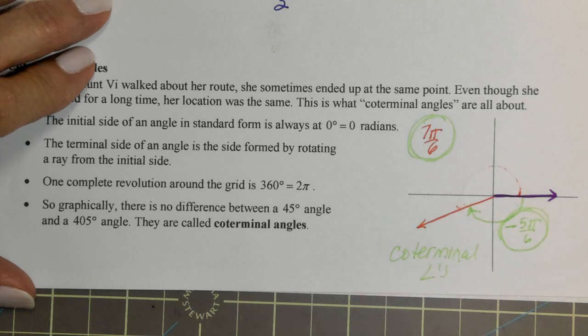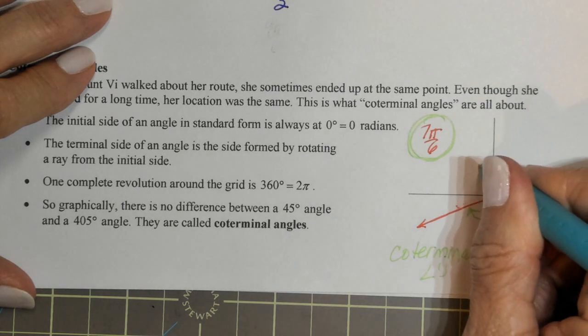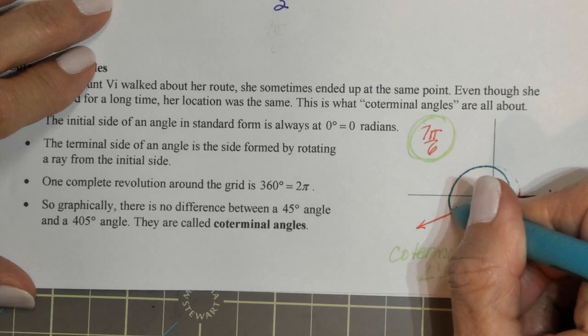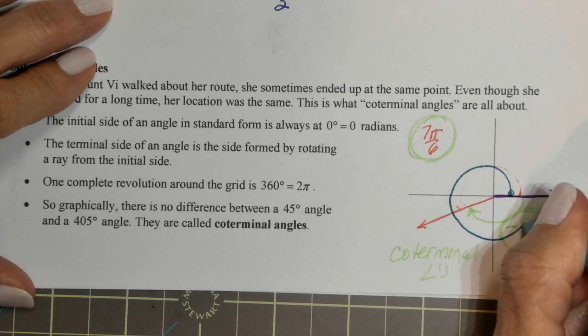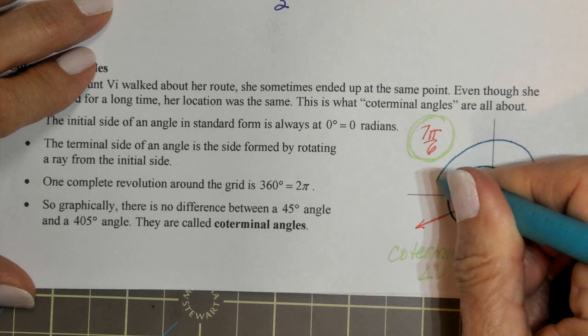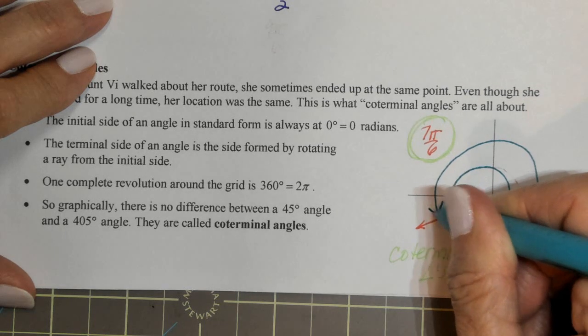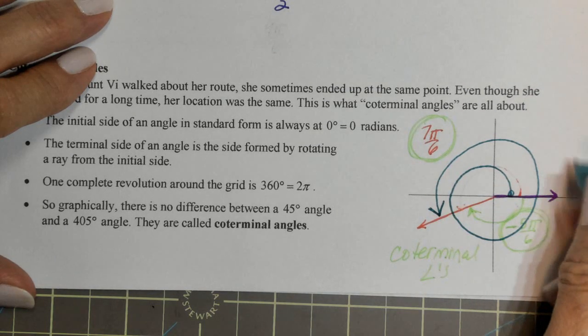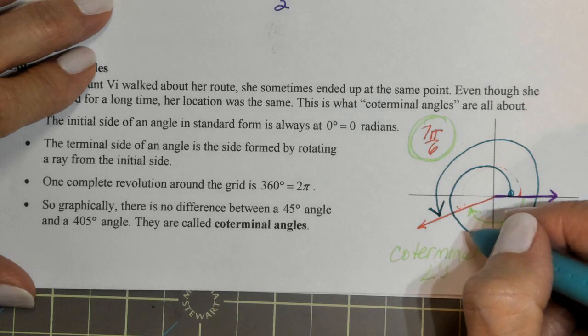There are more coterminal angles with 7 pi over 6, because what else could we do to get there? I could start here, I could go counterclockwise, but go past it and go all the way around. Remember Aunt Vi walking? She could go all the way around and then end there.